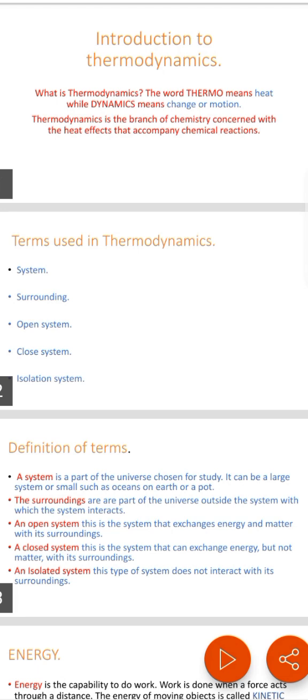If you look at chemistry, you know that we react chemicals together. The reaction will take place through a particular medium. So the medium that makes the reaction take place is what thermodynamics is talking about. For instance, let's say you want to cook beans and rice.